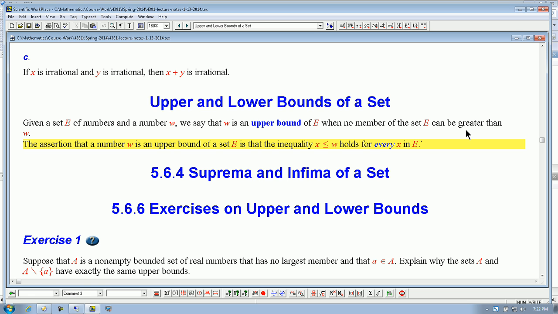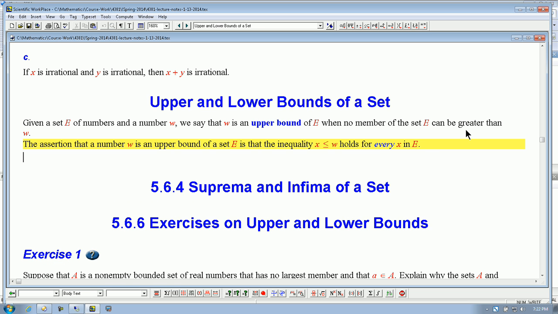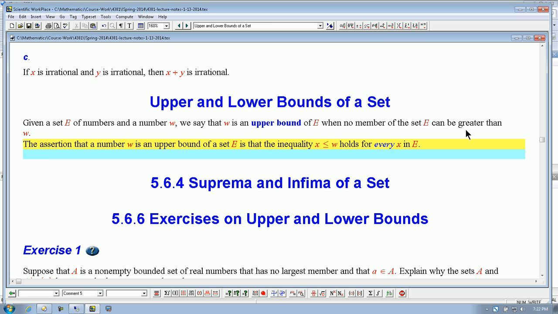I want to tell you something. In the event that W is an upper bound of a set E, it is possible that W might actually belong to E. Might, right?